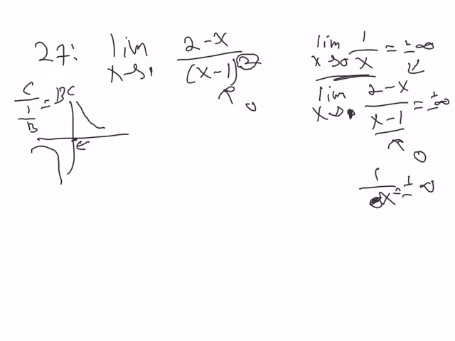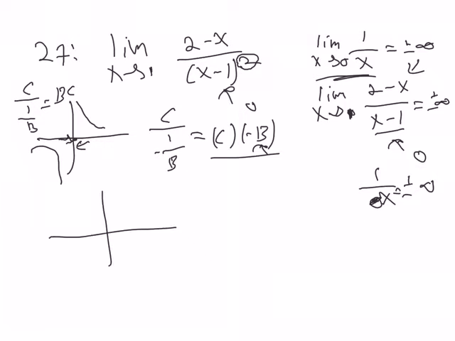And as you come from the left, again, you're dividing a constant by a really small, but this time negative number, which gives you a really big negative number. This number is getting really, really big, a billion, a trillion, whatever, and so you go to plus and minus infinity.